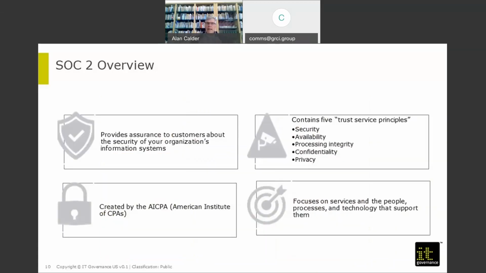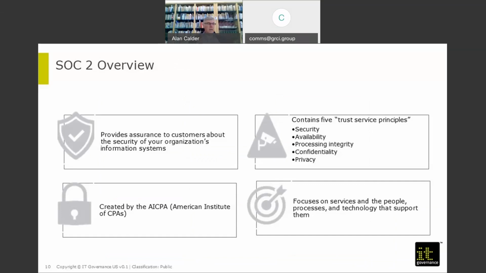SOC 2, on the other hand, is a very security-focused framework. It's focused on what are called the 5 trust service principles: security, availability, processing integrity, confidentiality, and privacy. And an organization can implement any 1, 2, 3, or 5 of those trust principles.